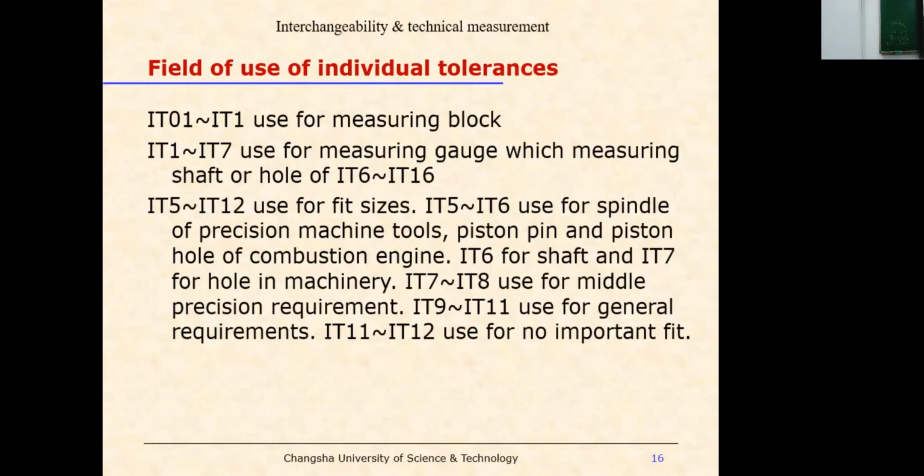IT11 to IT12 is used for non-important fits. How to choose the grade depends on the function or the requirement you need. IT12 to IT18 is used for non-fit sizes, just for the shaft and the hole.